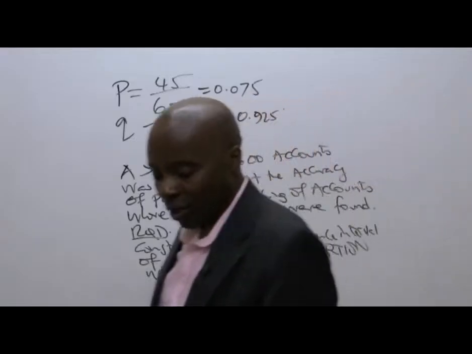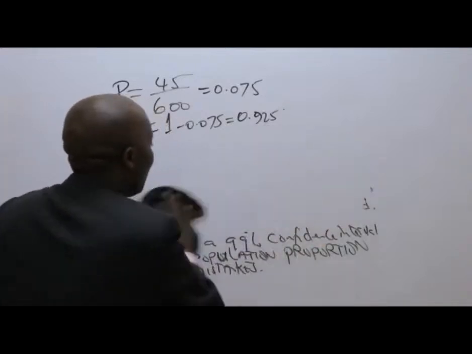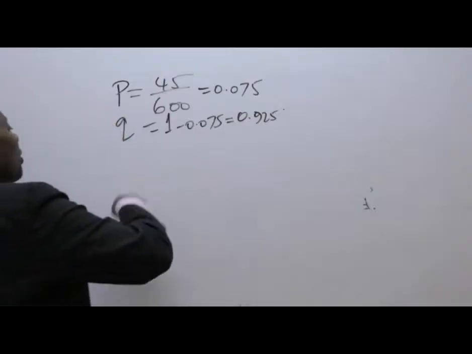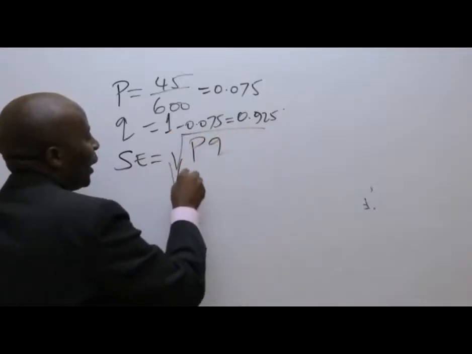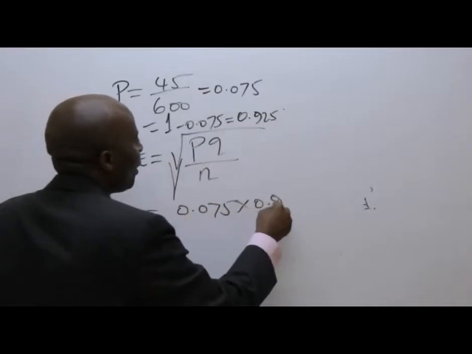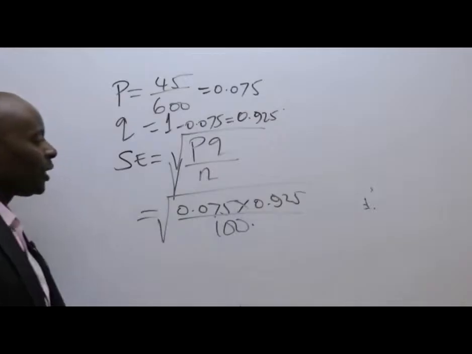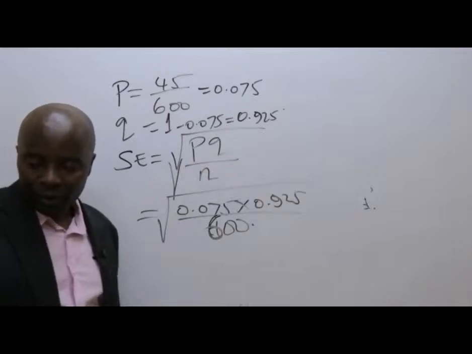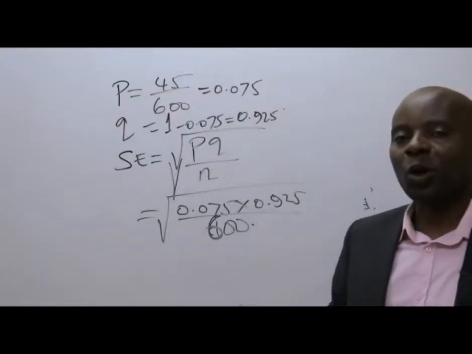In the case of proportions, our standard error will be obtained by multiplying 0.075 times 0.925, and whatever we get, we divide by N. We sampled 600 accounts, so our N is 600.